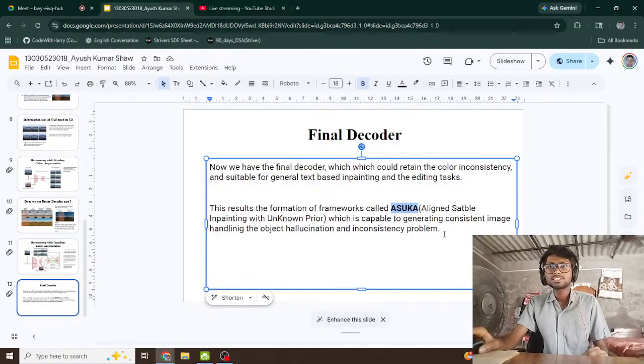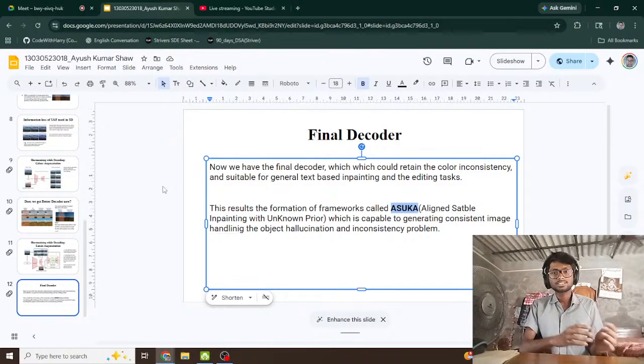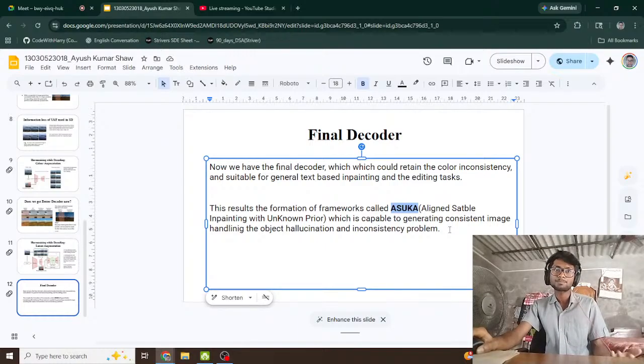In the experiments they compared with many previous diffusion models, inpainting models, and others. It turns out that this architecture performs quite consistently overall.